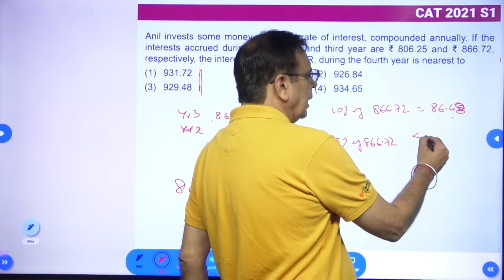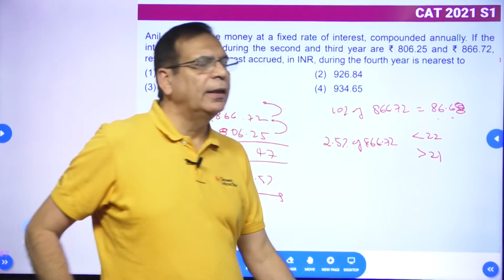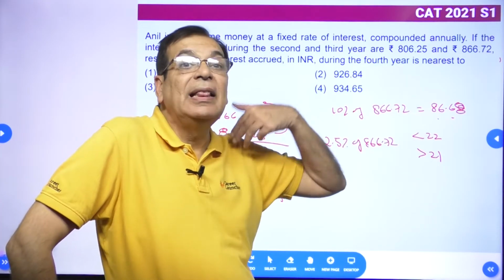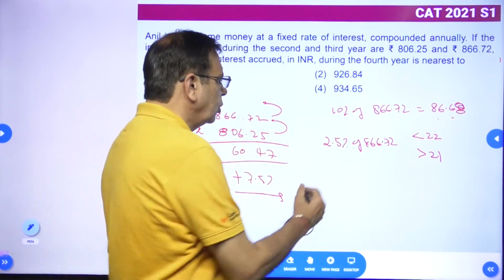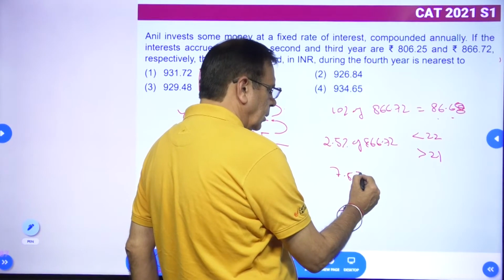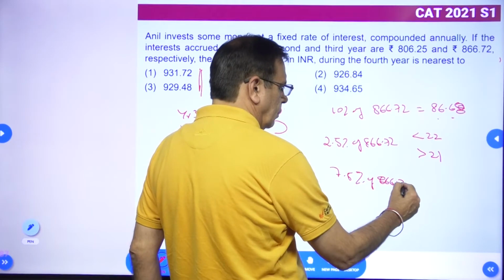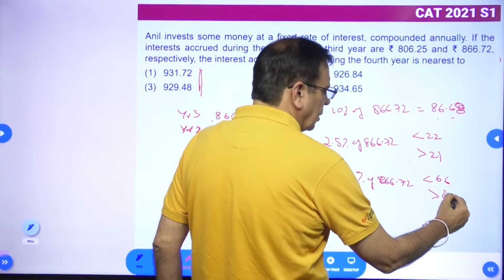Can I say this should be less than 22 and more than 21? 21 into 4 is 84, 22 into 4 is 88. 86.68 lies between 84 and 88. So what should be 7.5%? It should be less than 66, more than 63.